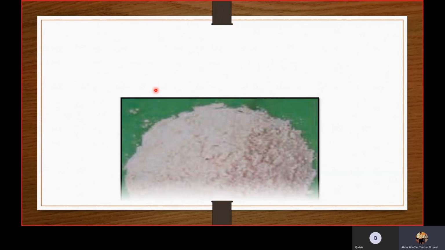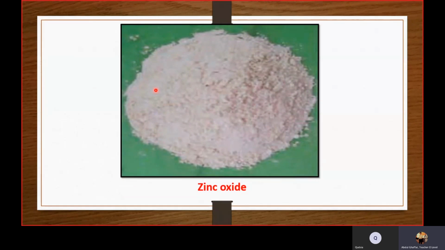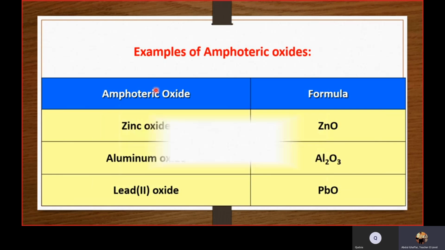Look at this one. This is the example, zinc oxide. Now the complete picture. Examples of amphoteric oxides: zinc oxide, aluminum oxide, and lead oxide. These are the three amphoteric oxides, right? Zinc oxide, aluminum oxide, and lead oxide.